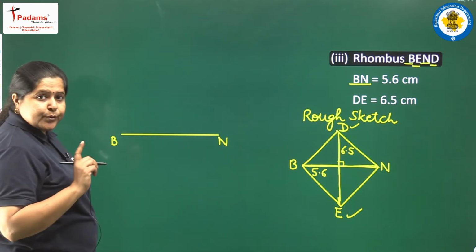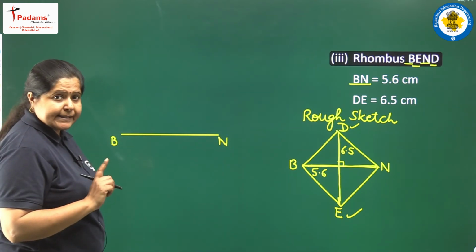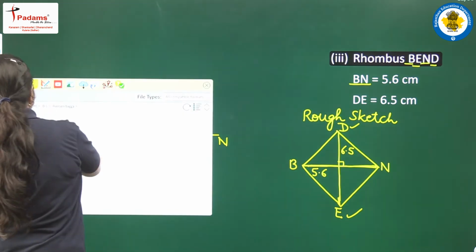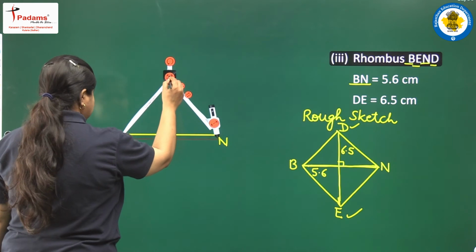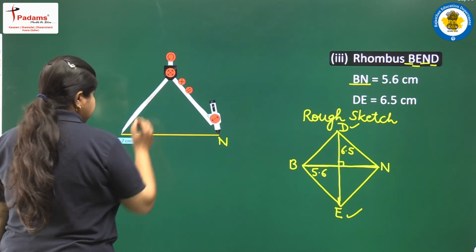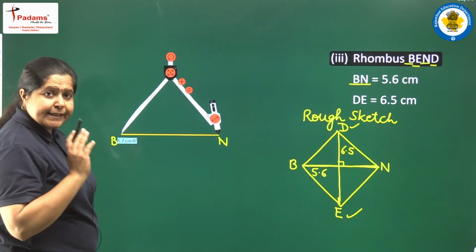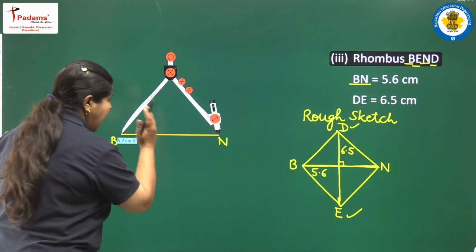Now what we need to do is draw its perpendicular bisector. For this we will need one compass. We will keep this pointed end at B. And what should be the radius? It should be more than half of BN.